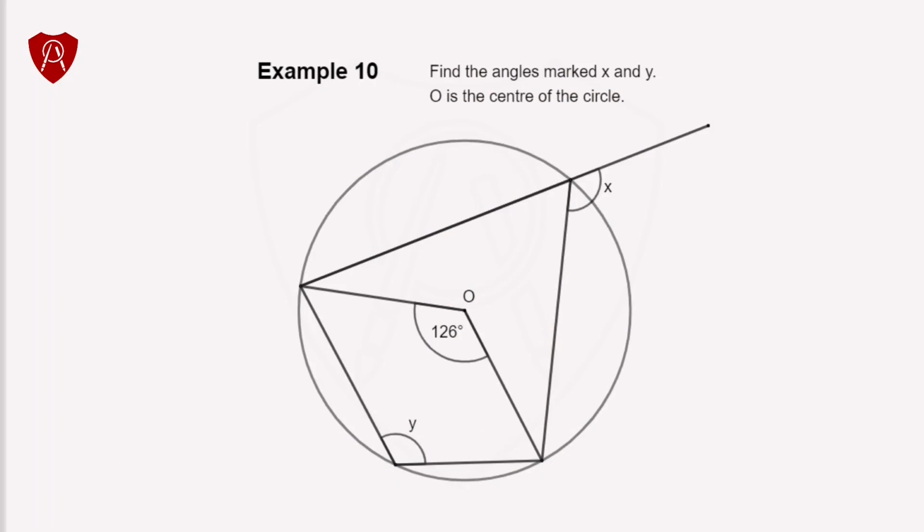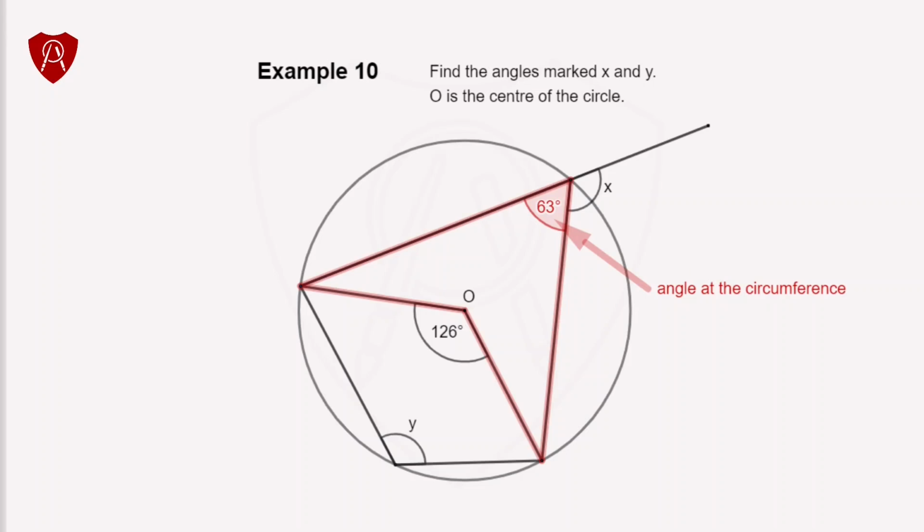Example 10. If the angle at the center is 126 degrees, we need to half it to get this angle at the circumference. So, this interior angle at the circumference is equal to 63 degrees, which is half of the angle at the center.